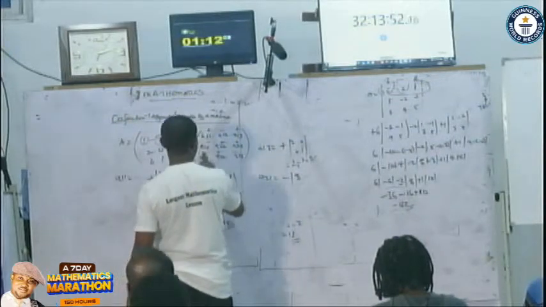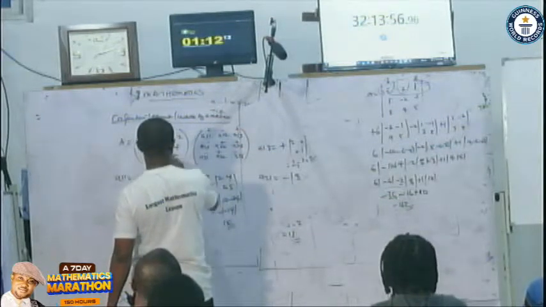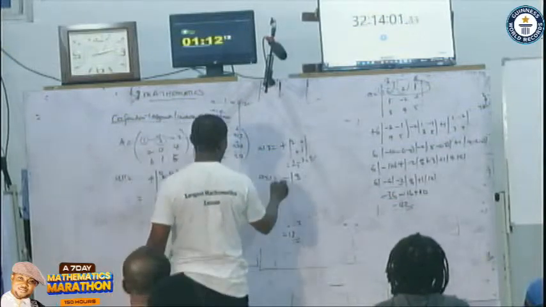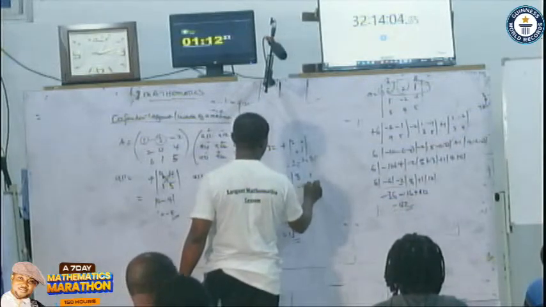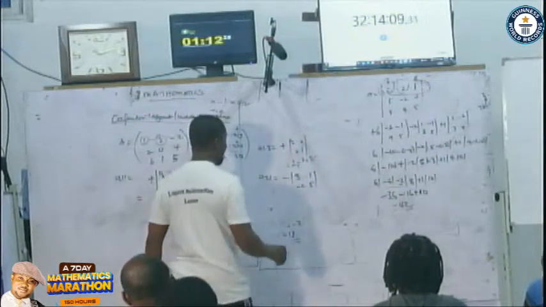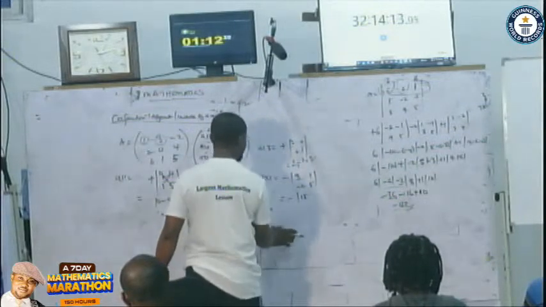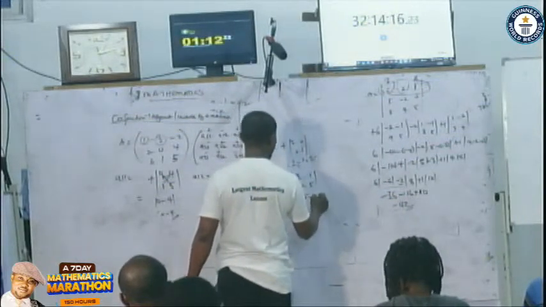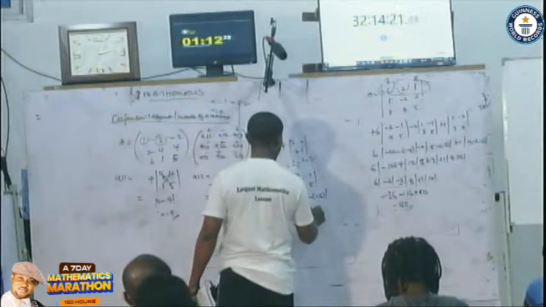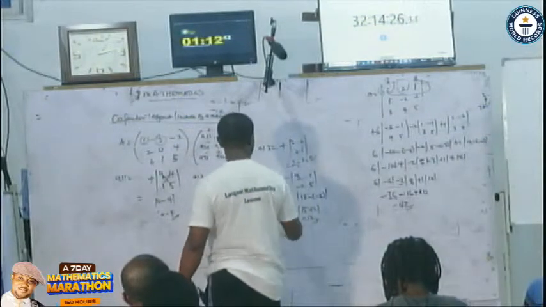A21. 31 minus 25. I hope you guys are following me. So that will now be what? Minus into 15, minus into, that will be 15 plus 2. That will give us what? 17.